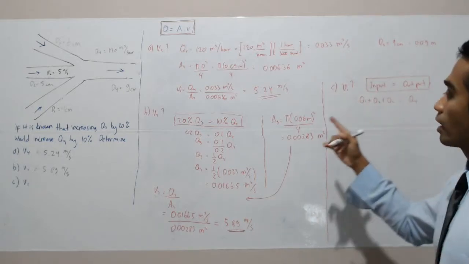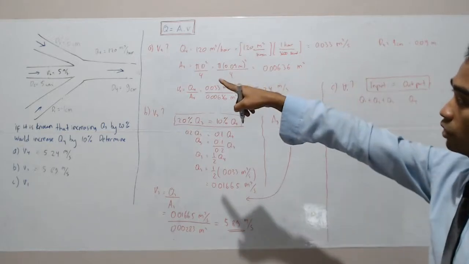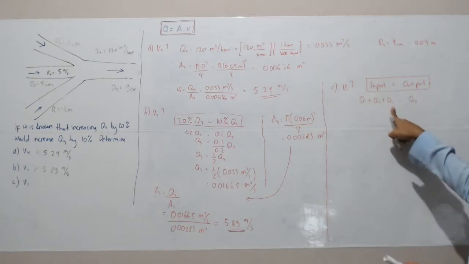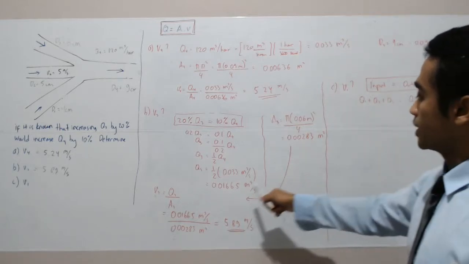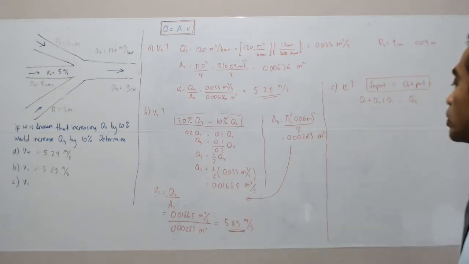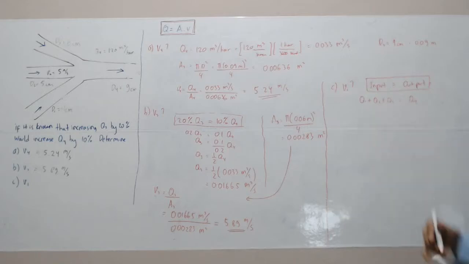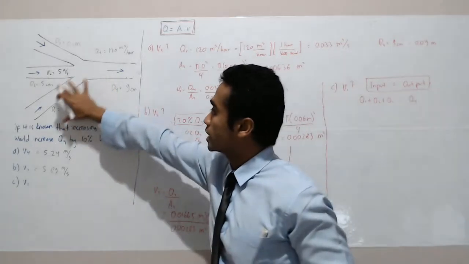So we already solved for Q4. Q4 is 120 cubic meter per hour, and we also have already solved for Q3. Q3 is actually 0.01665 cubic meter per second. Now we have to solve for the volumetric flow rate for the second pipe. We have all the information here for the second pipe.